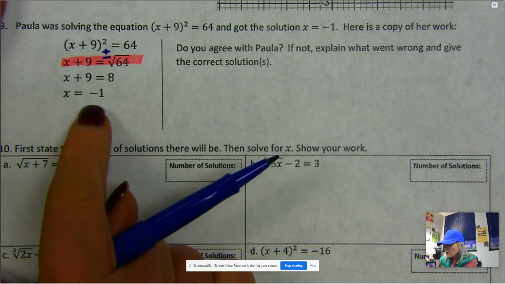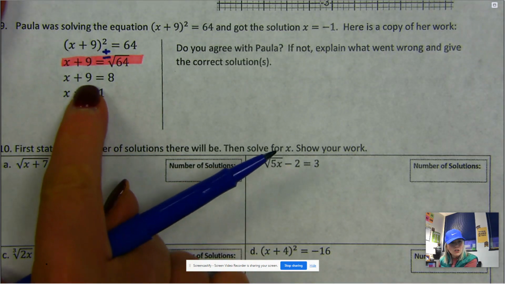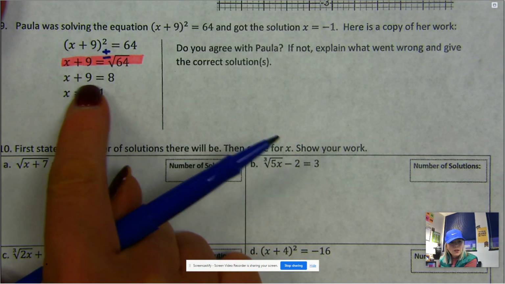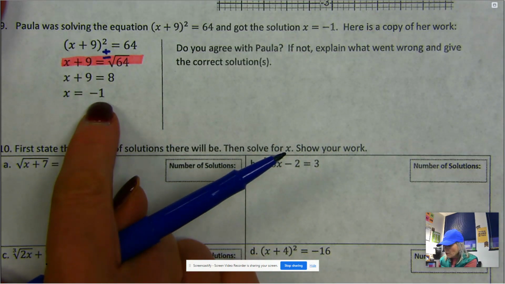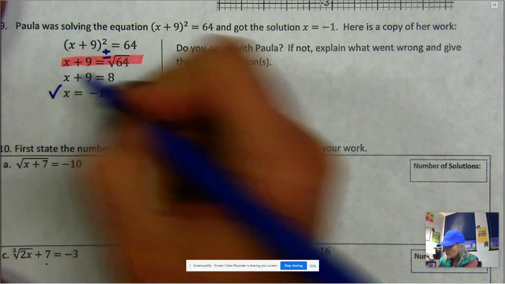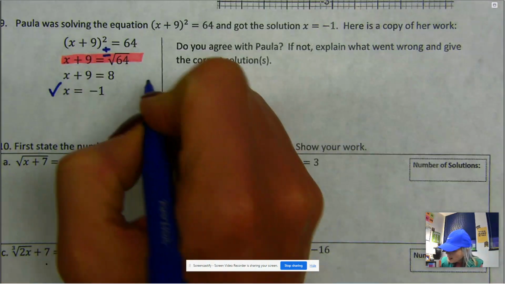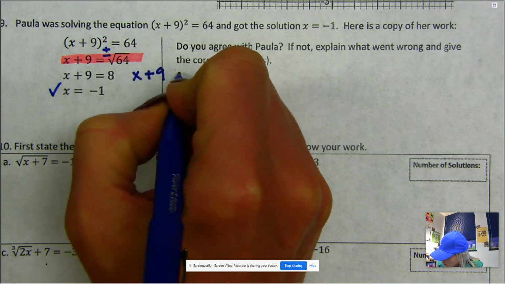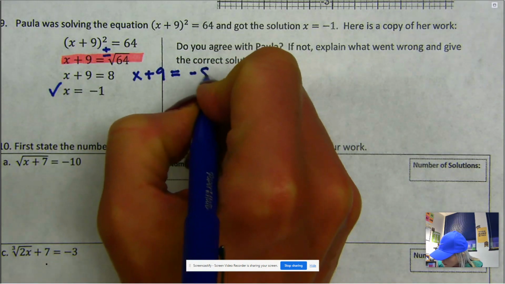So she found this solution, which it looks like she did correctly. The square root of 64 is 8. Take away the 9, and you get negative 1. So this one is correct, but she forgot to solve x plus 9 equals negative 8.